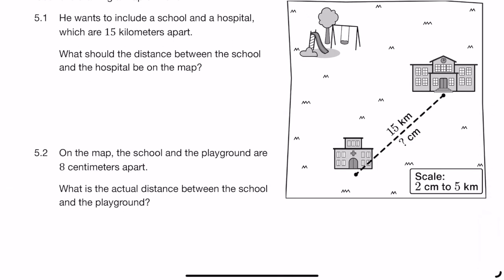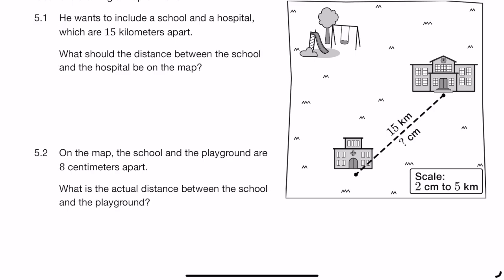Okay? Question 5, Roberto is drawing a map of his town. He wants to include a school and a hospital, which are 15 kilometers apart. What should the distance between the school and the hospital be on the map? Okay, so in real life, they're 15 kilometers apart, and we're told for the scale that 2 centimeters is equivalent to 5 kilometers.